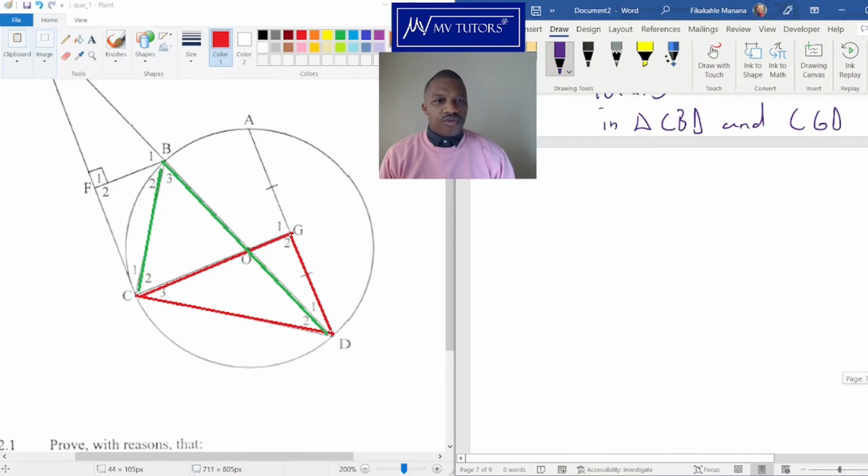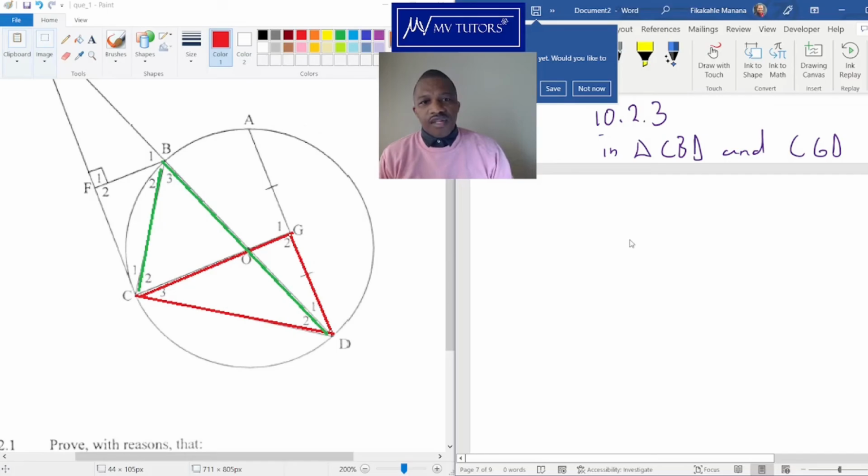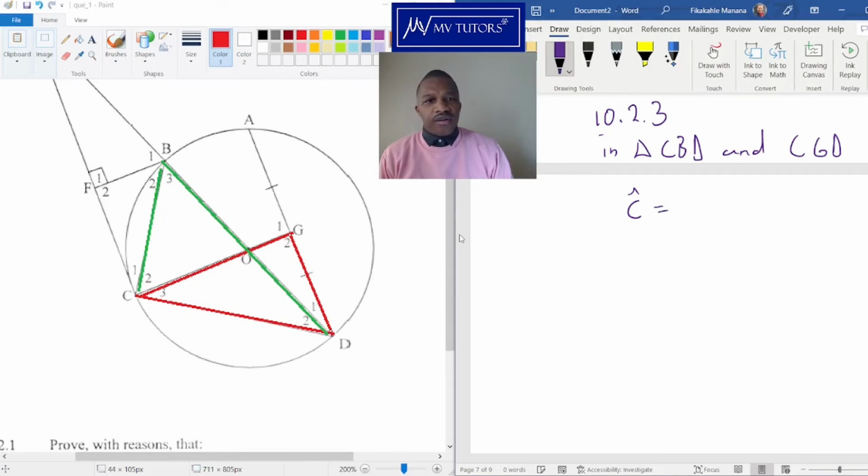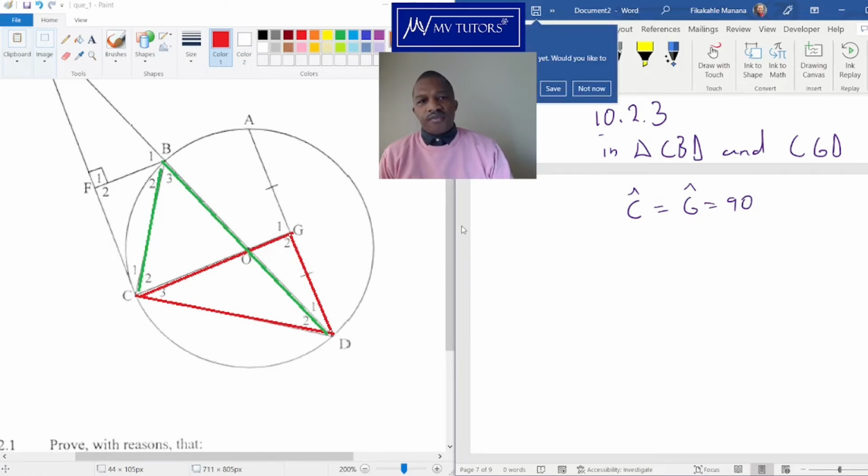So let's look for the equal angles. First of all, in CBD, the angle C is equal to the angle G, and both of them are equal to 90 degrees.